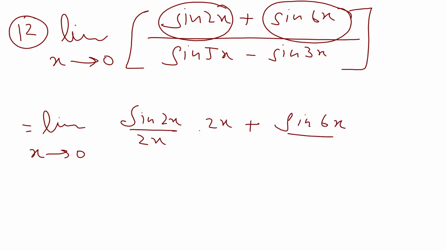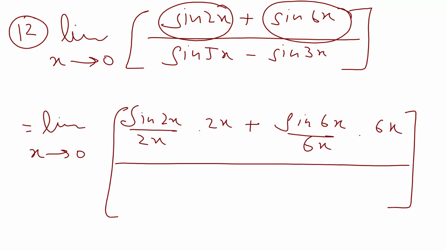So multiply and divide with 6x. Sine 5x, beneath it, which term should be there? 5x. So multiply and divide with 5x.